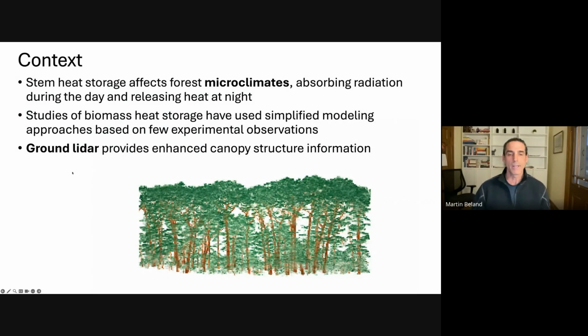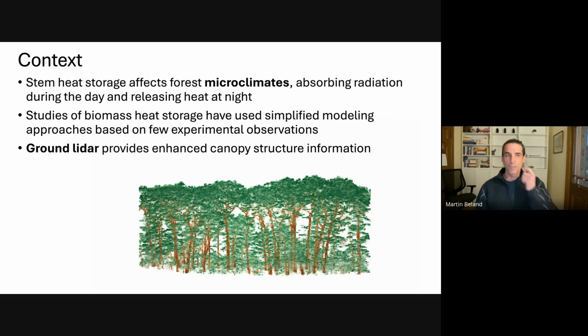So a bit of context. The stems store heat, and that heat affects the forest microclimate. The absorbed radiation during the day is released slowly at night, and it increases the air temperature at night and decreases it during the day compared to if there was no wood to absorb radiation.